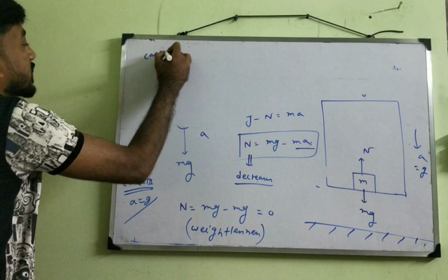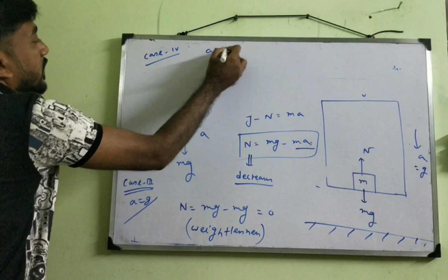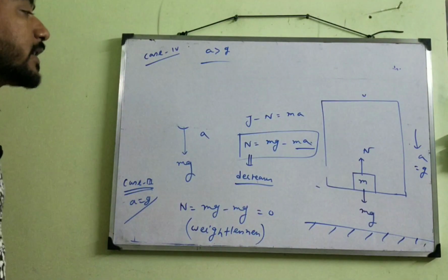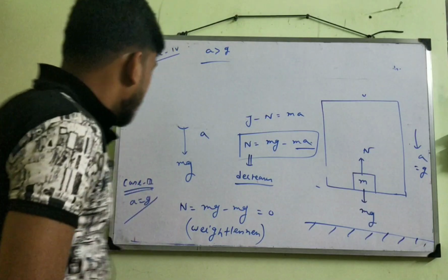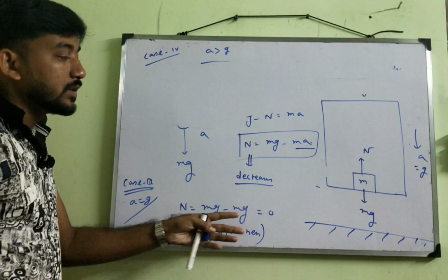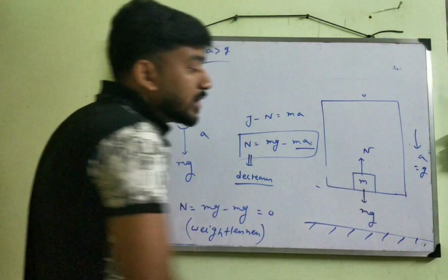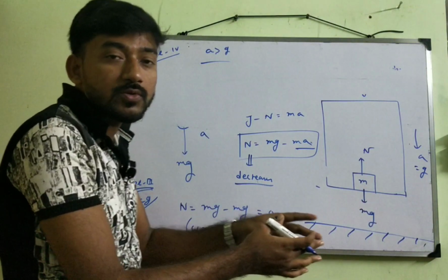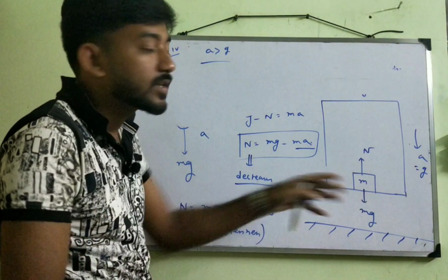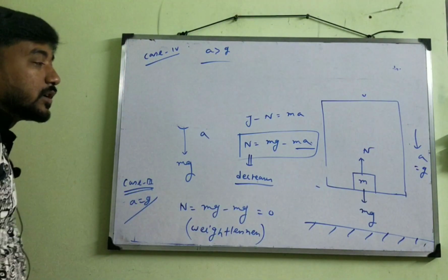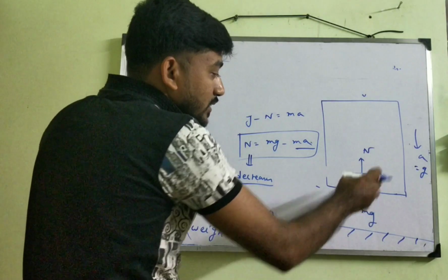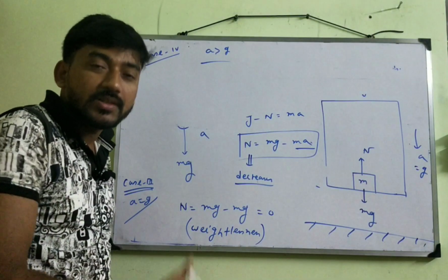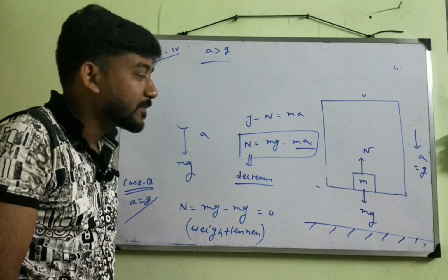That is case 4, a greater than g, but moving downwards. Actually when N equals 0, there is no contact between the lift and the object, because normal reaction 0 means there is no contact force between the object and the floor of the lift. So in that case, the mass m will fall freely with the gravitational acceleration g.